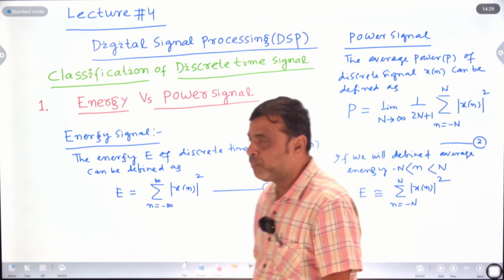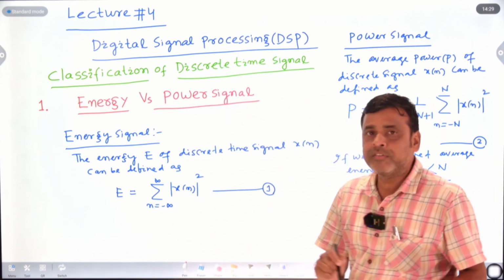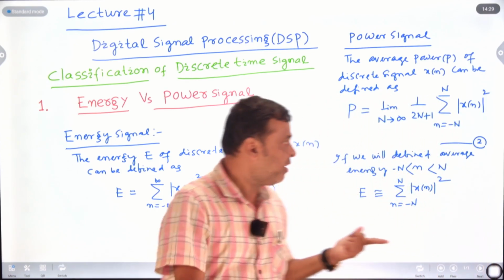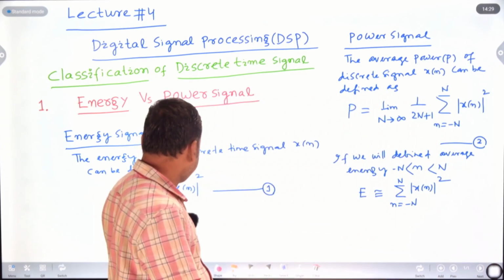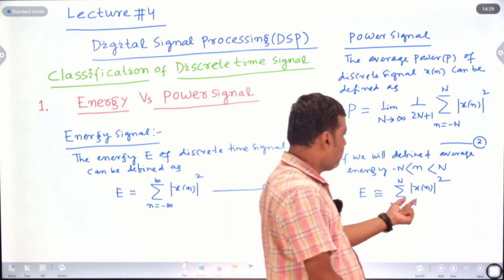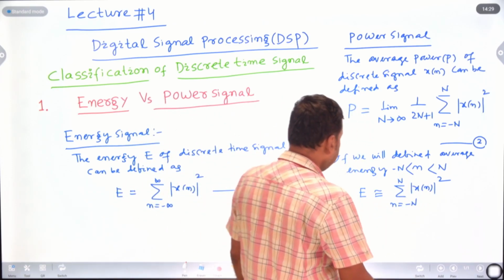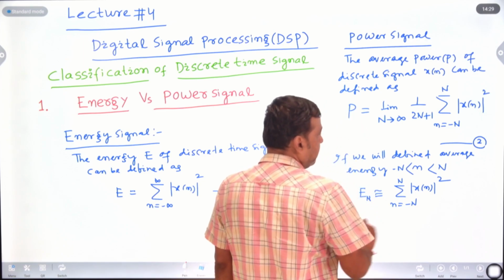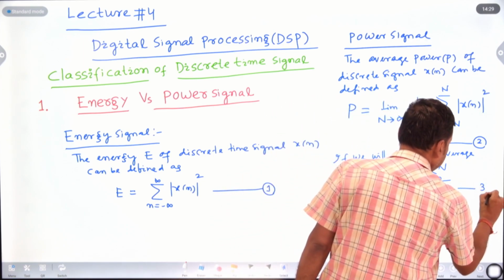This equation is for the limit minus infinity to infinity, but if the period is minus N to N, in place of the limits I can put n equal to minus N to N. Suppose this is denoted as E suffix N. Let this be equation number 3.